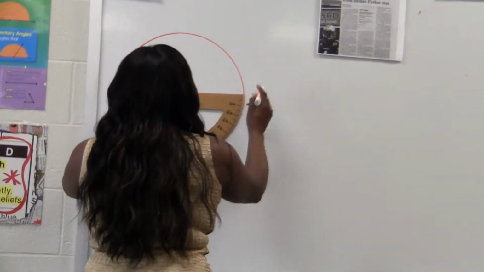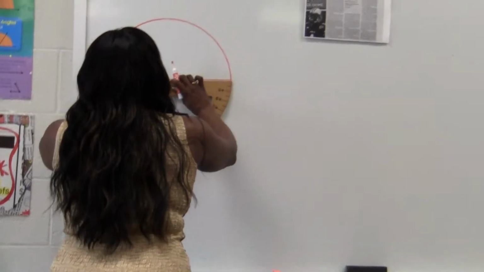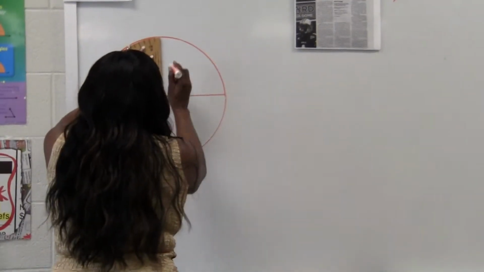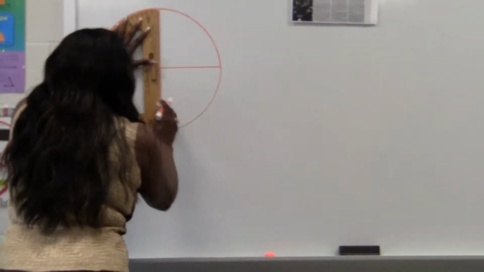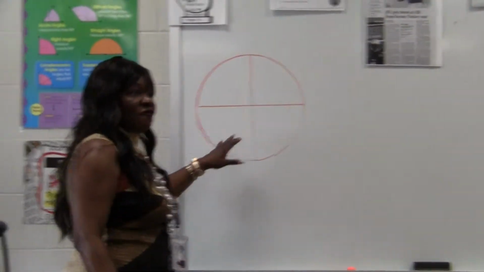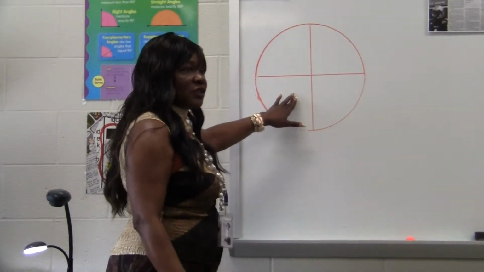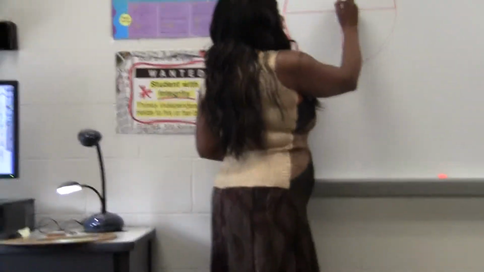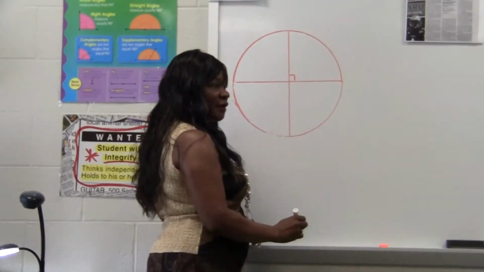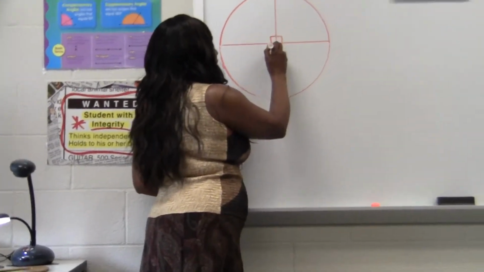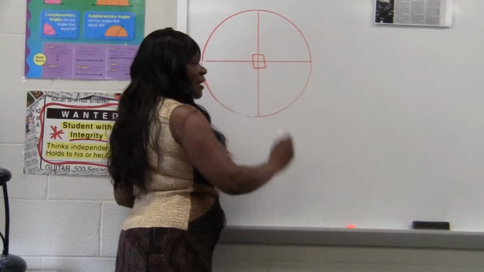We're going to divide this circle into 4 quadrants. Now, I've got my circle drawn. It's in 4 quadrants. Mr. Tyree, whatever you're doing, you need to stop and pay attention. Right here, you have a 90-degree angle. Ms. Hagler, right here, you have a 90-degree. Here, a 90-degree. And also here, 90 degrees.